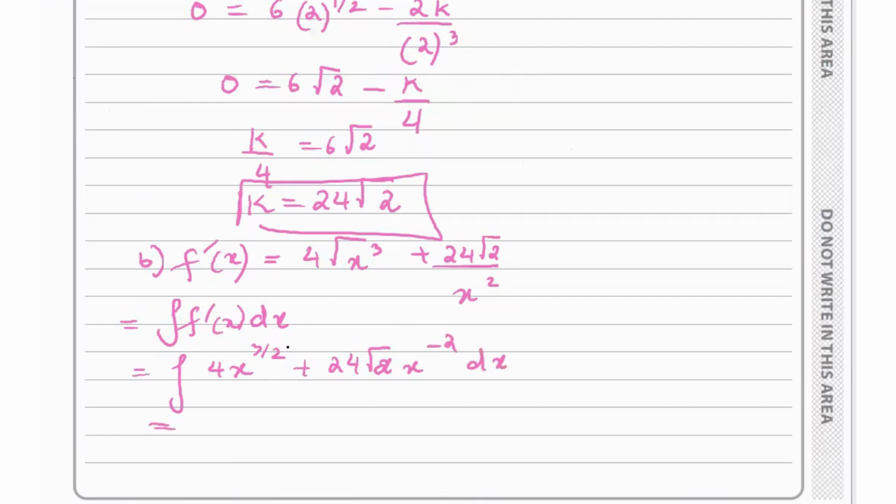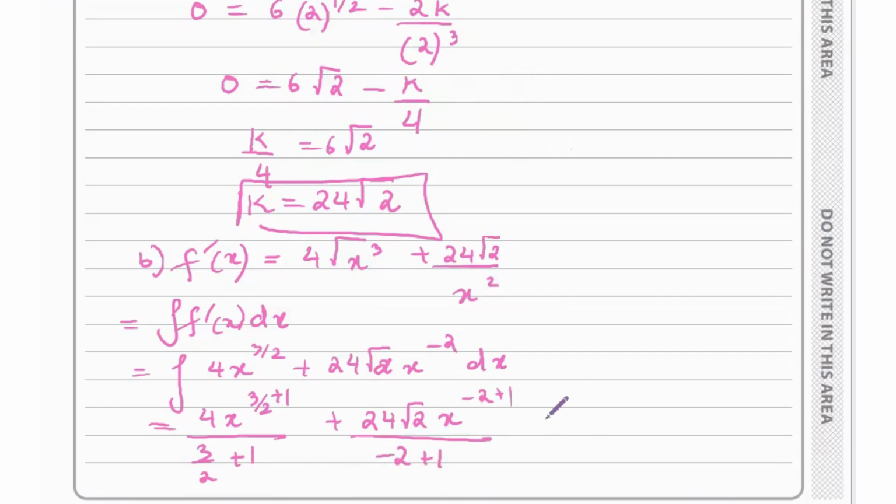As we know, we add 1 to the power and then divide the term by the new power. So 4 times x to the power of 3 over 2 plus 1 divided by 3 over 2 plus 1, plus 24 root 2 times x to the power of -2 plus 1 divided by -2 plus 1.